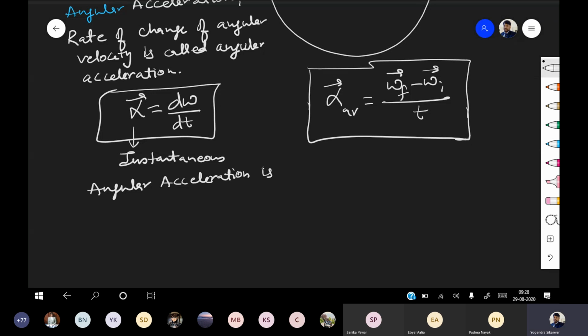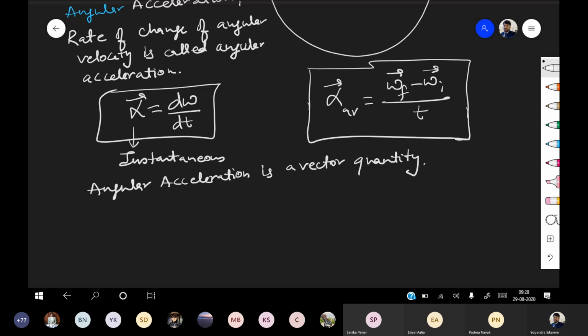Angular acceleration is a vector quantity. Okay, that also keep in mind.